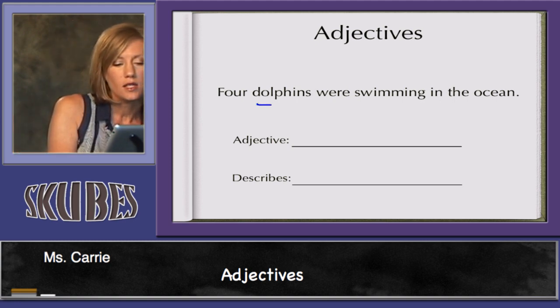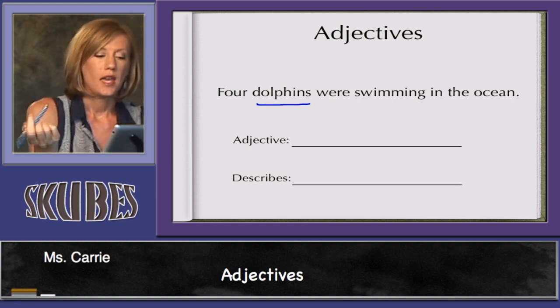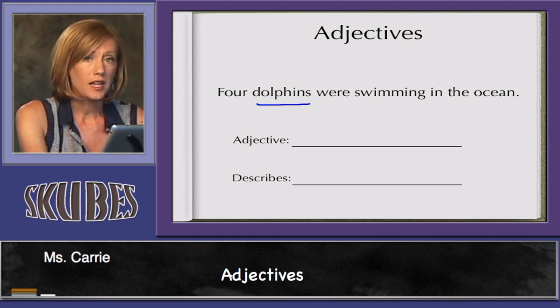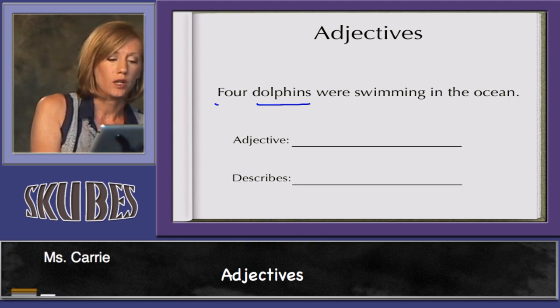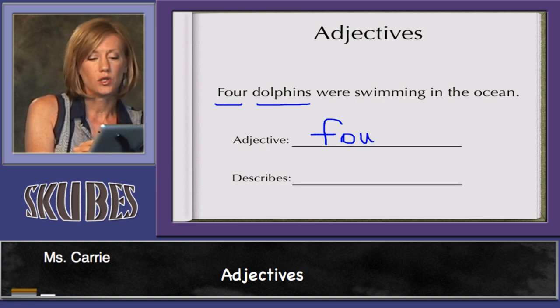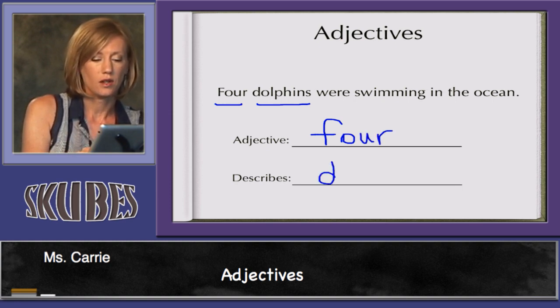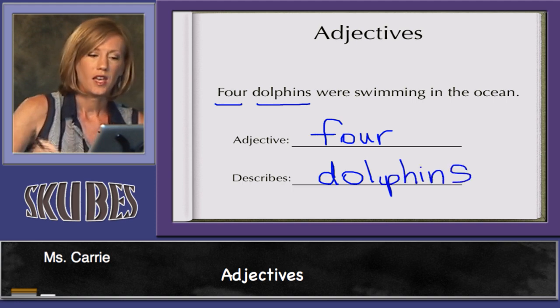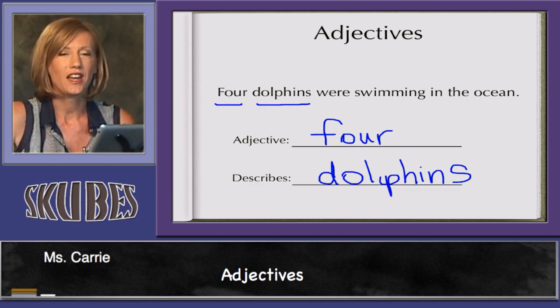Now, dolphins is the noun, and numbers are actually adjectives too because they describe how many there are. So four would be the adjective that describes the dolphins. And that is the end of our lesson today on adjectives.